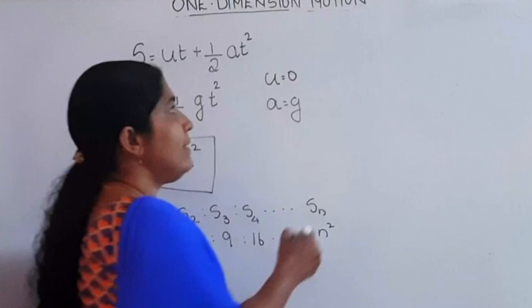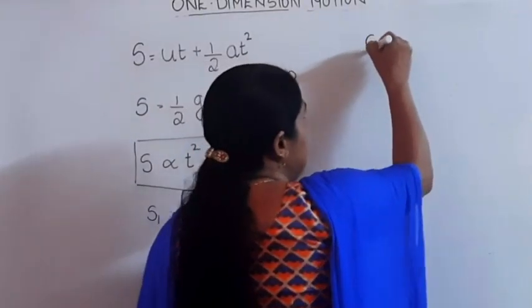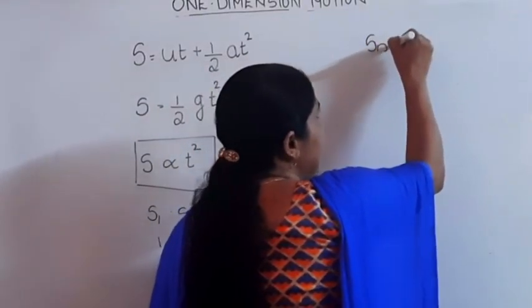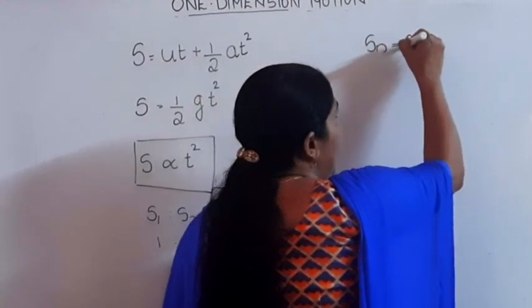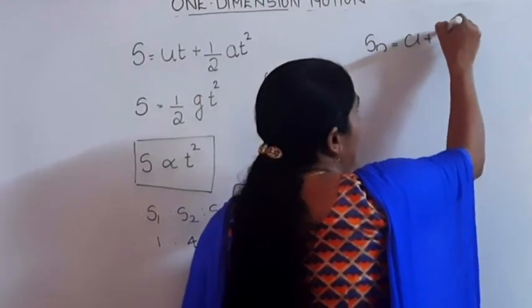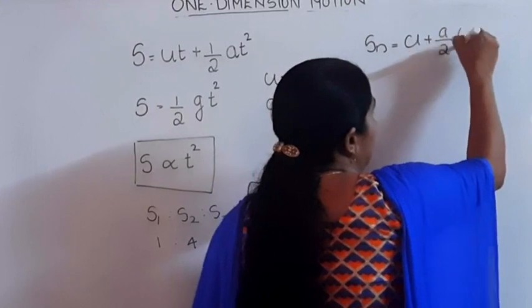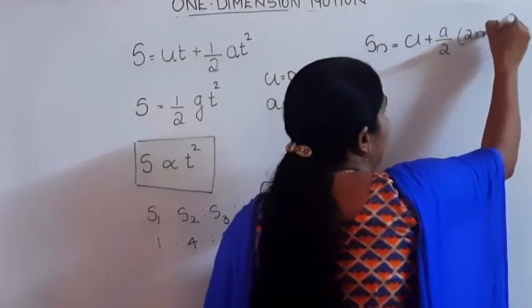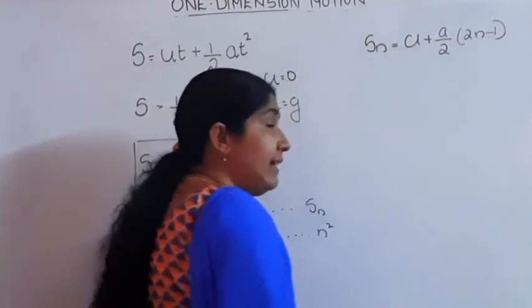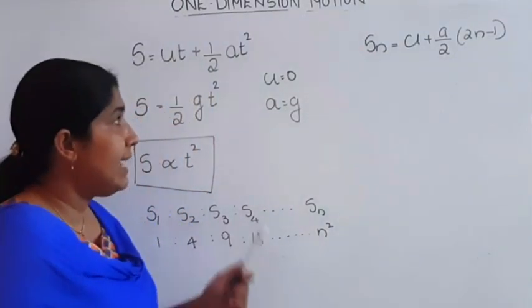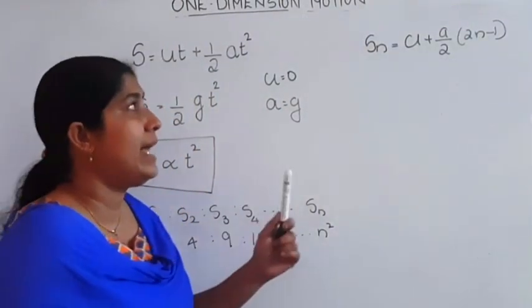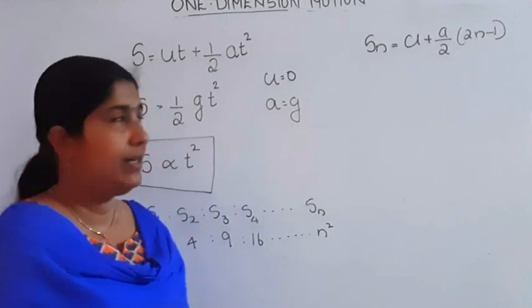Now we want to consider the displacement in the nth second. Displacement in the nth second, Sn, is equal to u plus a by 2 into 2n minus 1.